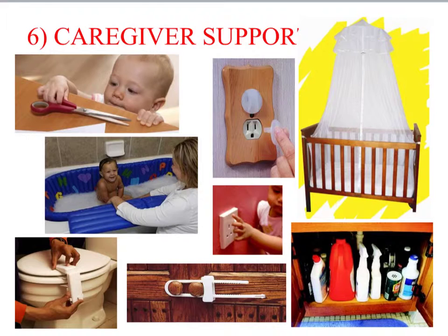These are just some of the many examples that I'm sure you're all aware of, from being cautious around water, even keeping the toilet bowl locked, scissors, products used for cleaning, electrical outlets, and even netting. In some places, it's important to screen children and others from insects and other airborne things.